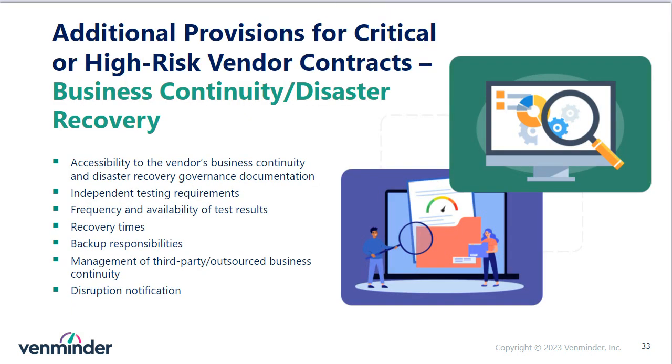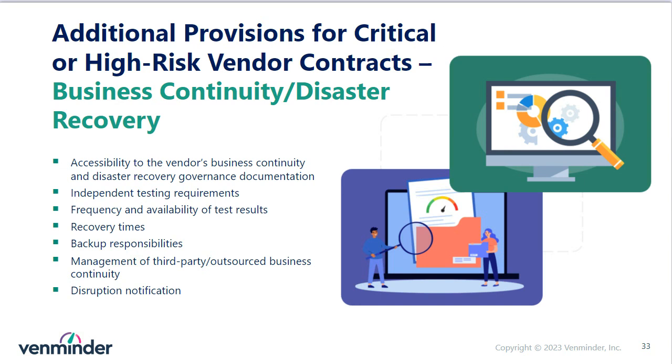Here we have example provisions for business continuity, disaster recovery, or the availability of the product and service. These might require additional vendor testing requirements, specific frequency, availability of the test results themselves. This is where you might document specific recovery times. What is the business need for recovery and resumption of service?